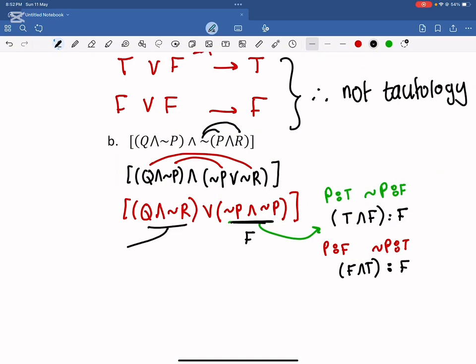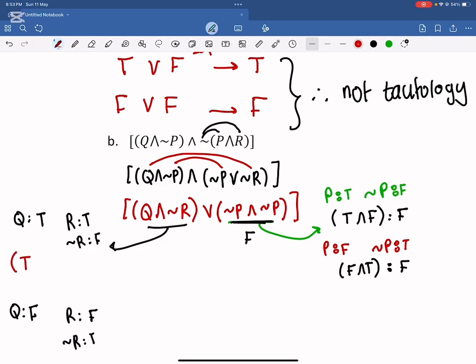Let's discuss this. Q can be true, Q can be false. R can be true, which means not R is false, and R can be false, which means not R should be true.